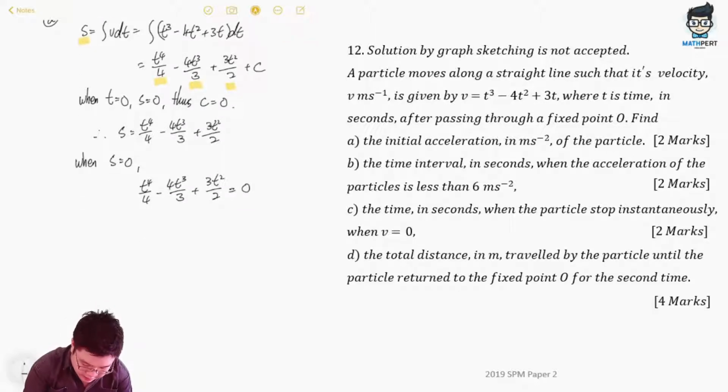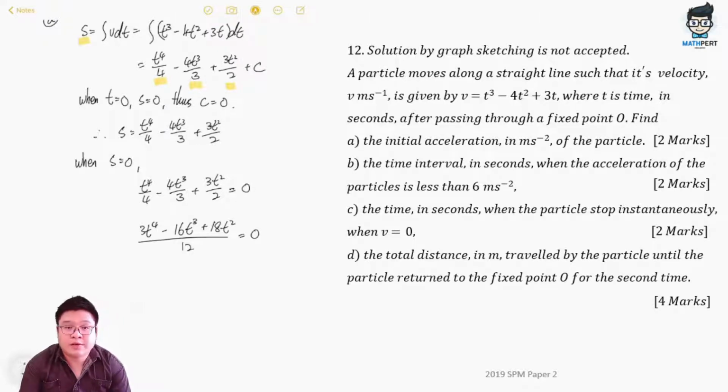Then what I can do is multiply by 12, and we get 3t to the power 4 minus 16t to the power 3 plus 18t squared equals 0.